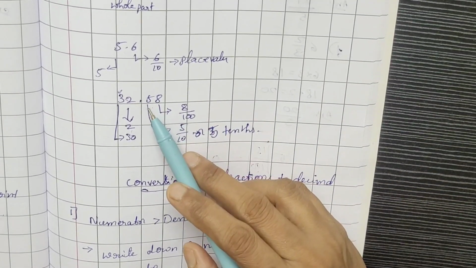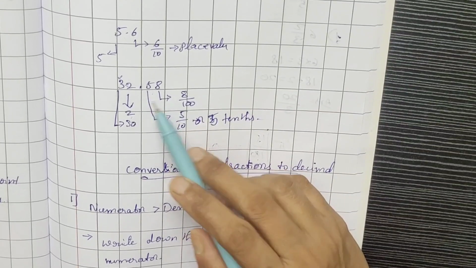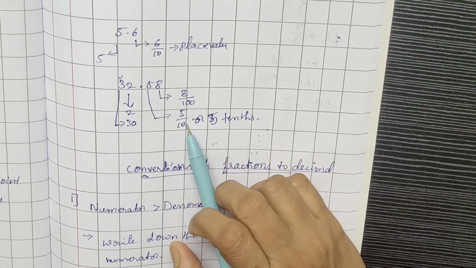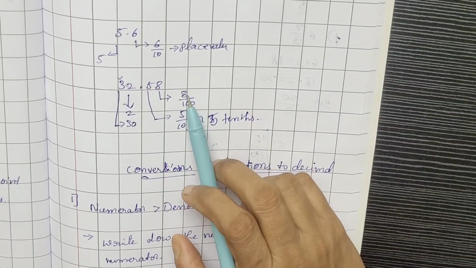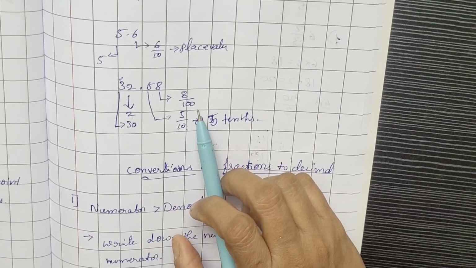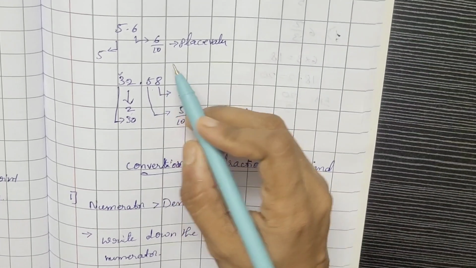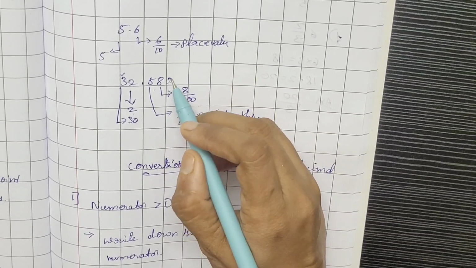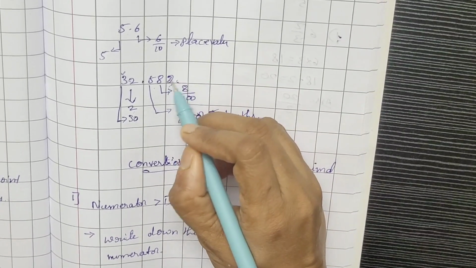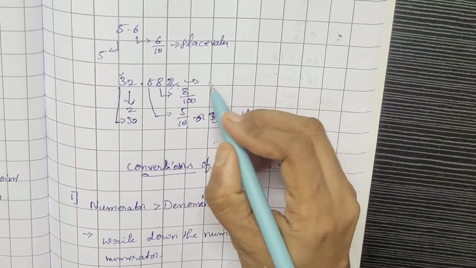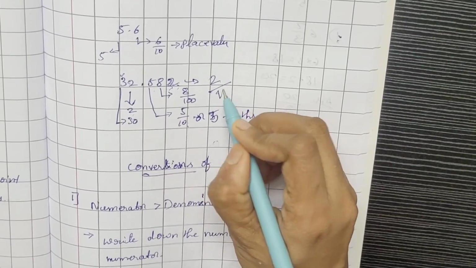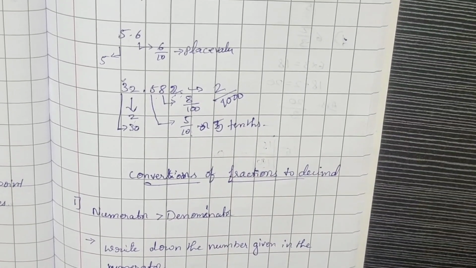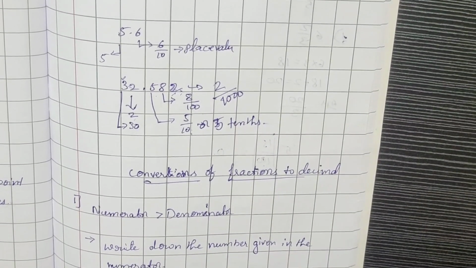Next, here decimals. After the point, 5 is 5 by 10, 8 is 8 by 100. If there is some other number, for example 2, how is it? 2 by 1000. Understood? This is the place value.